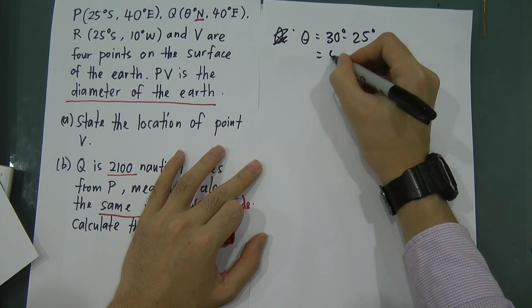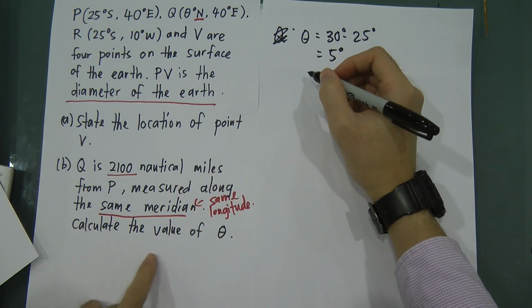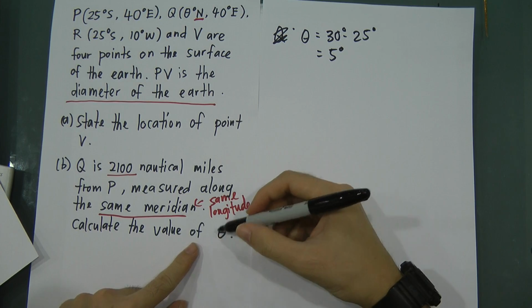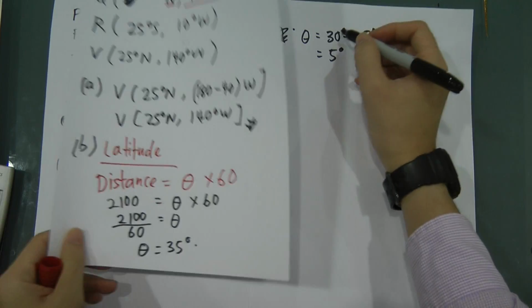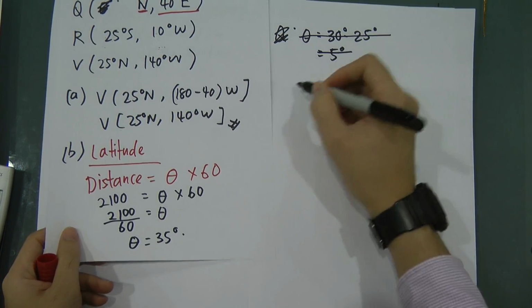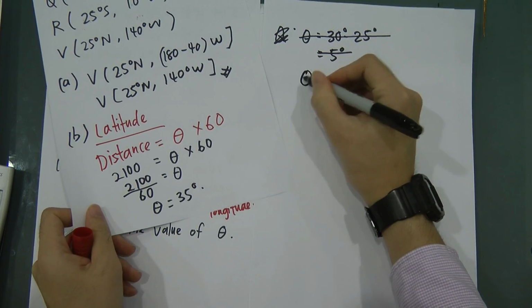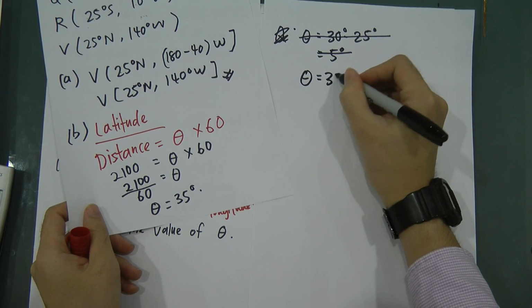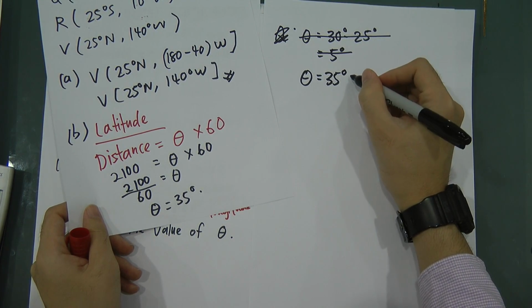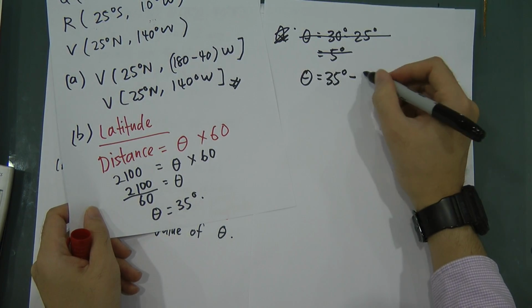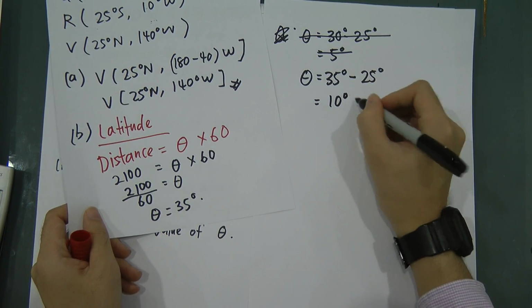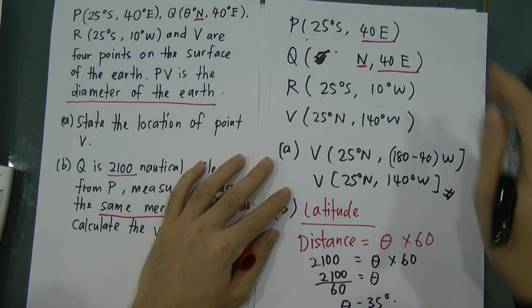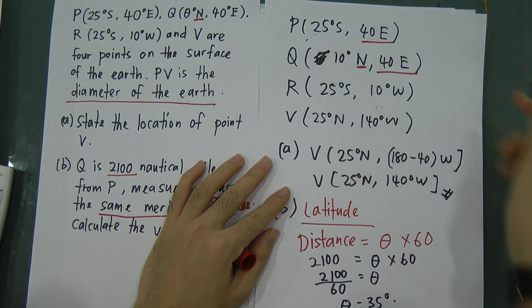Then you have got 5. Therefore, I ask you to find the value for the angle. So the angle is just 5. Because, oops, sorry, not 30, it's 35. Because here I actually got 35. So angle will equal 35 minus 25. So actually the angle is 10. So I know this is 10 north.